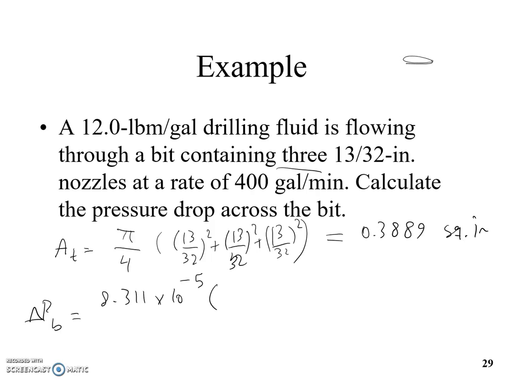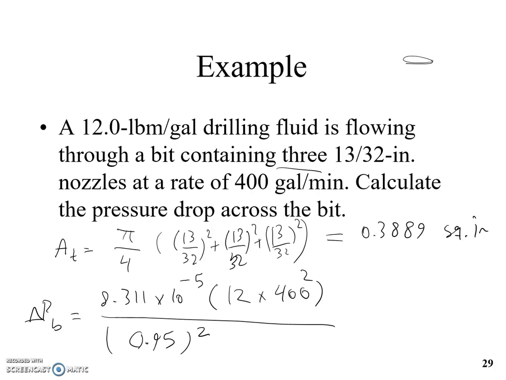So your density is 12 pounds per gallon, multiplied by 400 squared, divided by the CD value, which is 0.95, again squared, CD squared, multiplied by the total cross-sectional area squared again, so 0.3889 squared, and that gives you 1169 psi, right? So that's how much pressure drops, and that's huge, right?